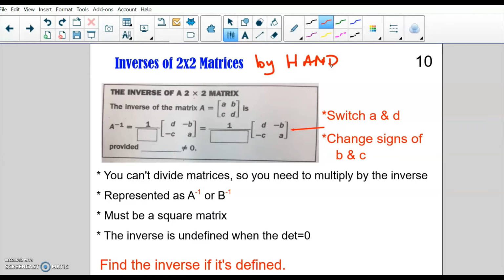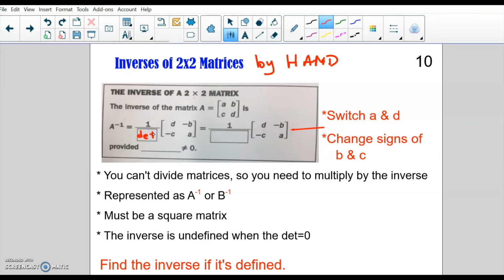All right, so you see this little cutout. That cutout should be available to you in your lesson resources. The inverse of a 2x2 matrix is basically like one big formula. It's the same formula, just kind of doubled. Underneath the 1 is the determinant.